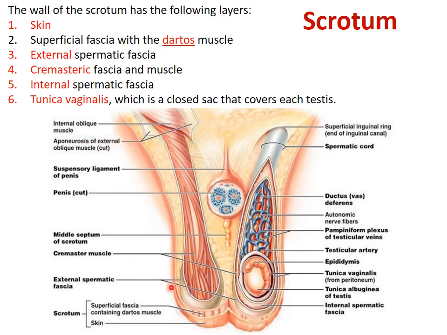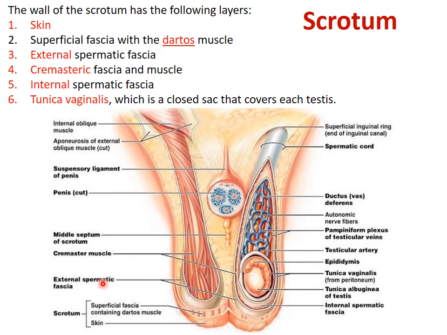Now after the external spermatic fascia, the second layer is the cremasteric fascia and cremasteric muscle. This is the muscle part shown here, right? And this is the muscular part shown here also, right? Now this is the muscular second layer, right?